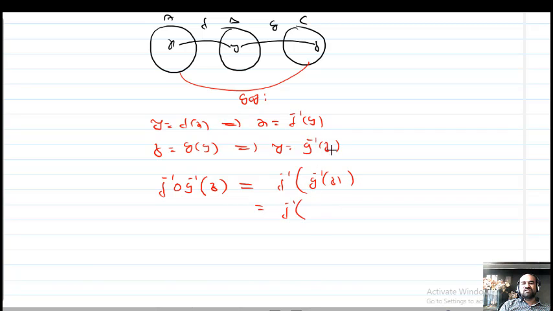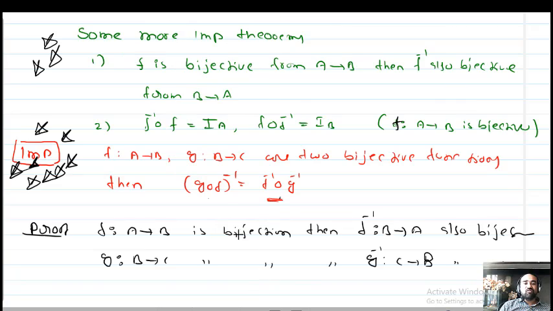G inverse of Z means Y. F inverse of Y means X. What is the meaning of that? F inverse circle G inverse of Z equals X. So the image of Z is X under this function. Next, the image of Z under this function is also X only.